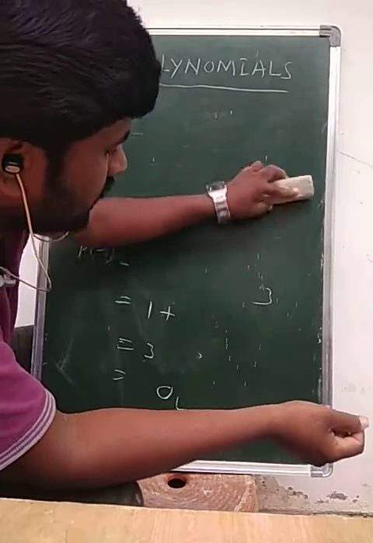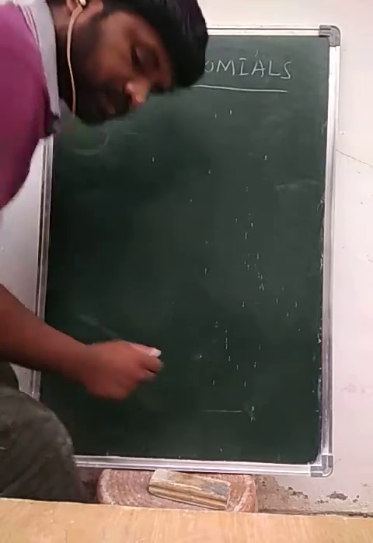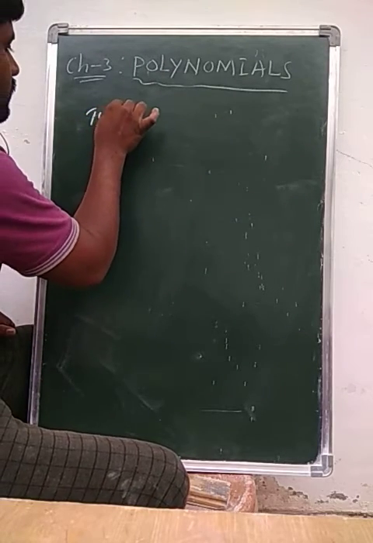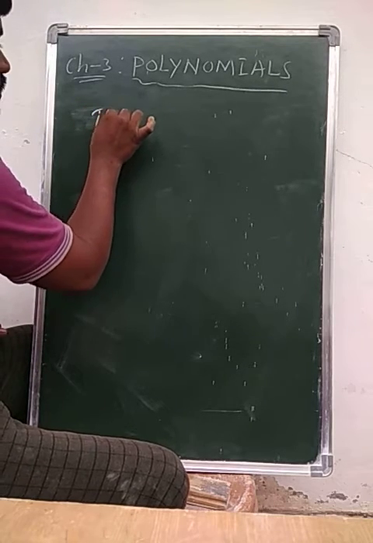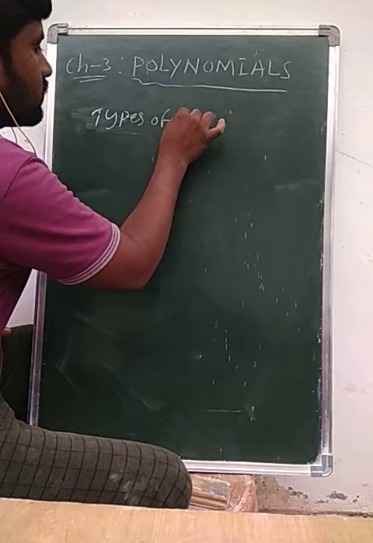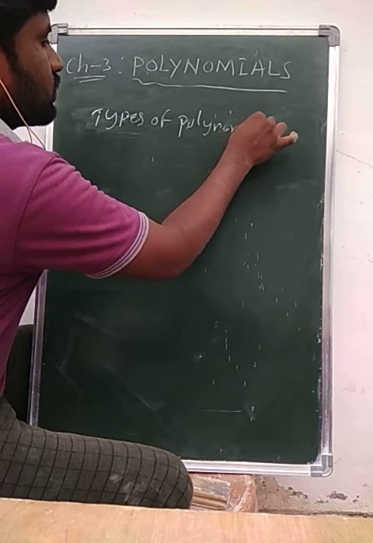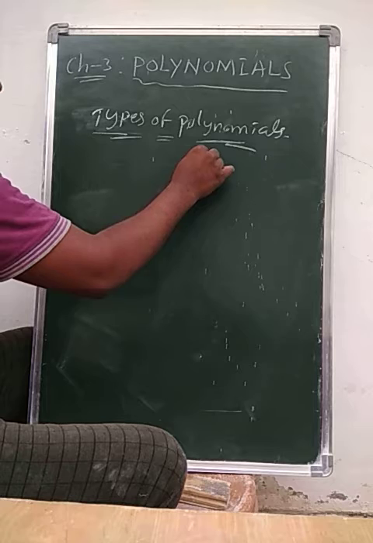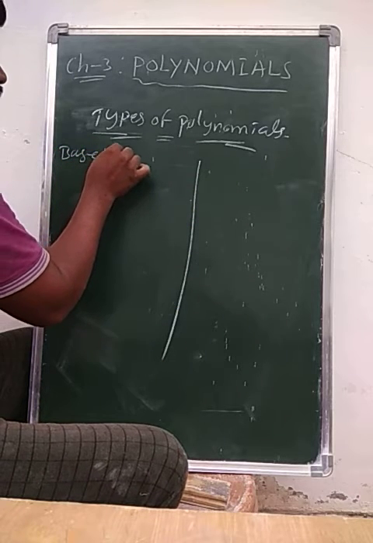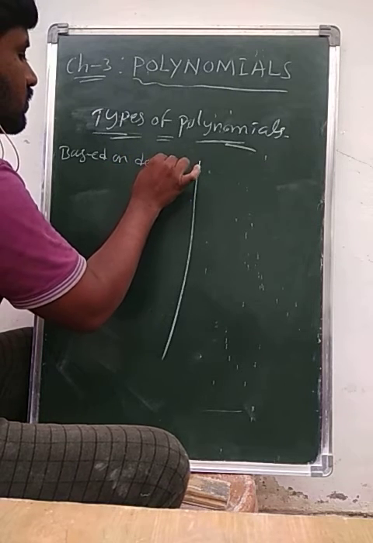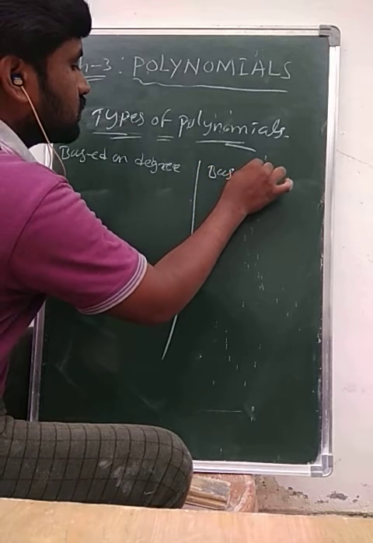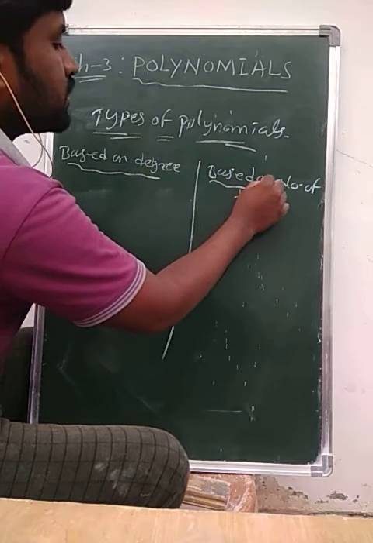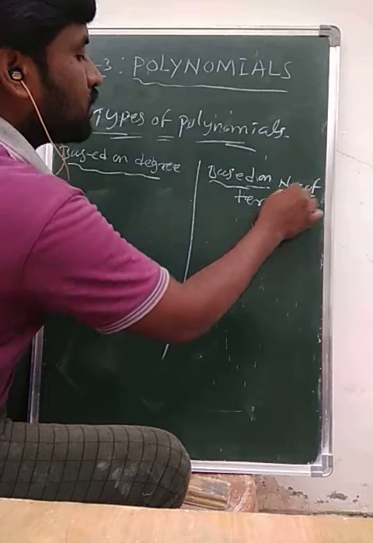Now, types of polynomials. The polynomials are classified into two types: one is based on degree and the other is based on number of terms.